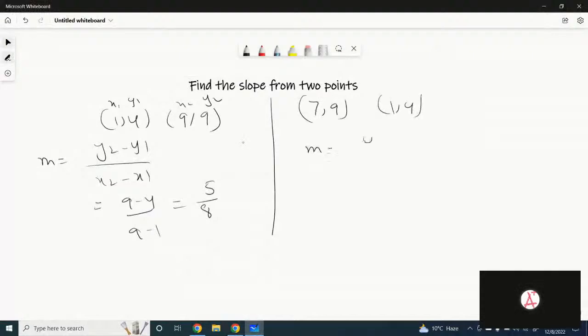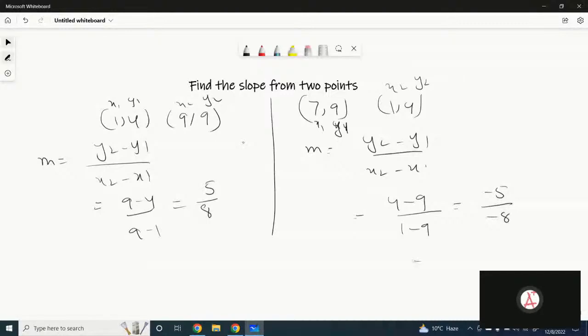So slope is y2 minus y1 divided by x2 minus x1. This is x1, y1, and this is x2, y2. Let's replace all the variables with the values. Y2 minus y1 is 4 minus 9 and x2 minus x1 is 1 minus 9. So 4 minus 9 is negative 5 and 1 minus 9 is negative 8. So it would be 5 divided by 8.